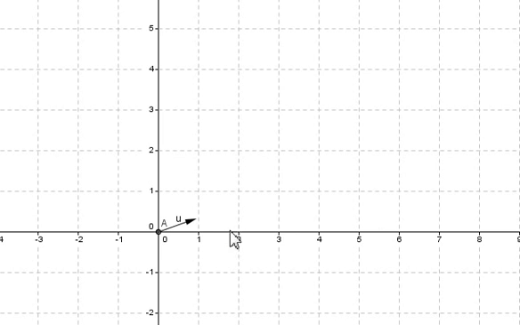Now suppose we want to add to a vector u the same vector u. So let's see what the sum of the two quantities of vector u is.